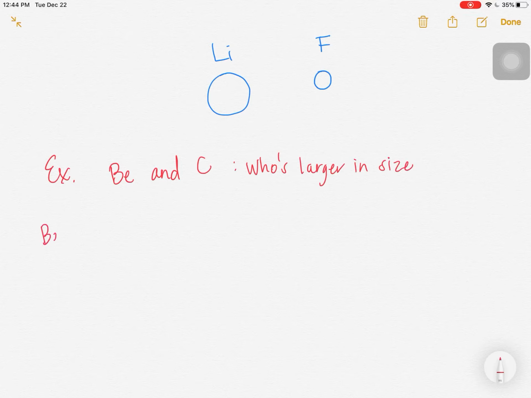Okay, so we have to think about their electron configurations. They're both in the same period. Okay, so beryllium is 1s2, 2s2, and carbon is 1s2, 2s2, 2p2.